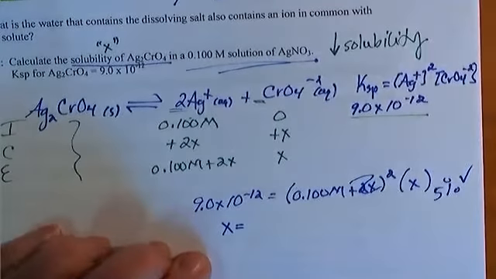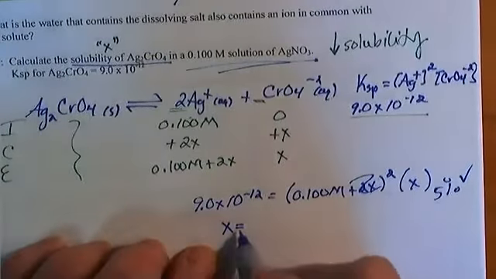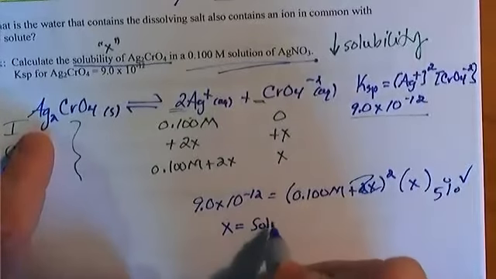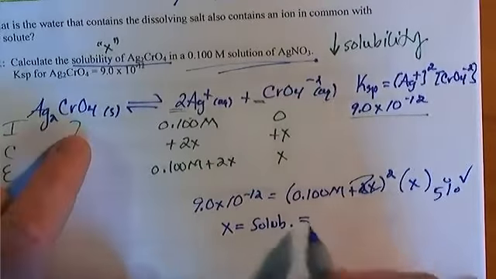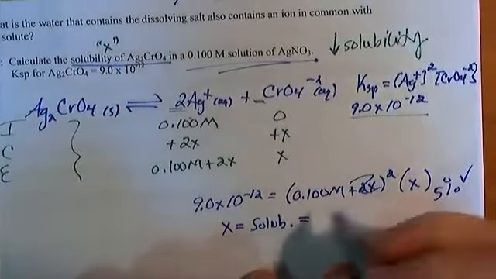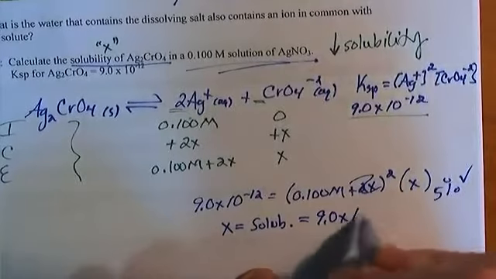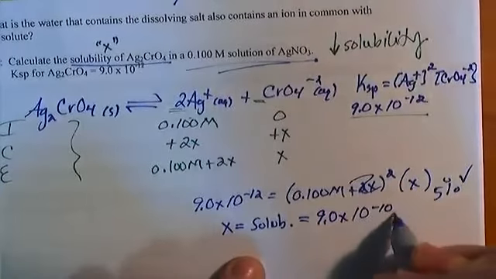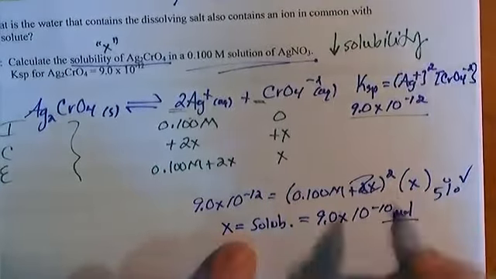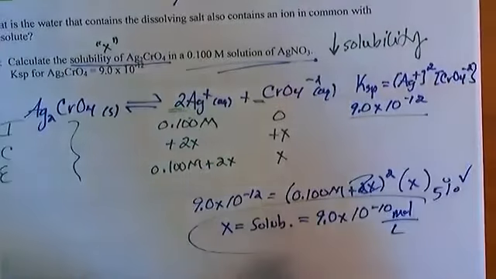But what we find here, x, which is the solubility of our silver chromate, is 9.0 times 10 to the minus 10th mole per liter. Remember, we're solving for brackets, and so that will be the unit.